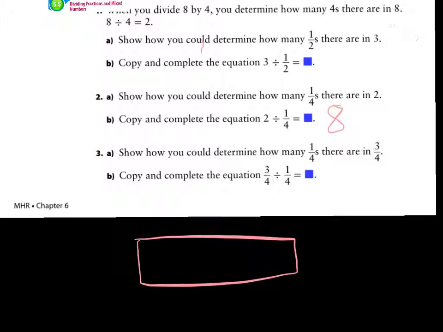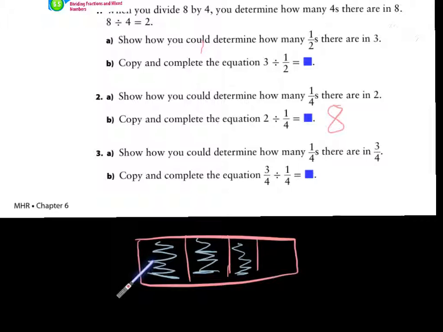Let's draw 3 quarters. There's quarters, and I'm going to shade in 3 of them. How many quarters in 3 quarters? There's 3 of them. 1, 2, 3.